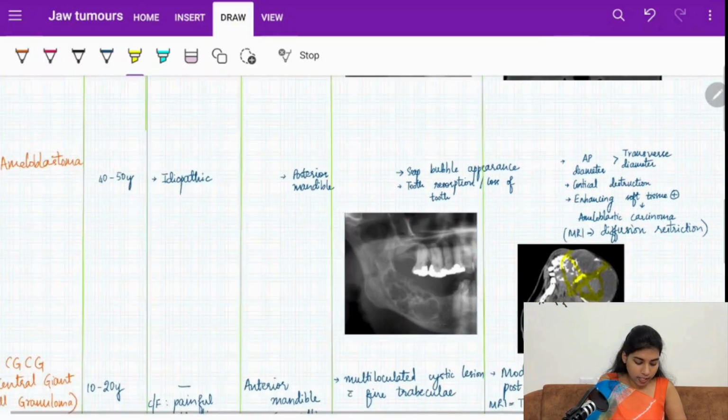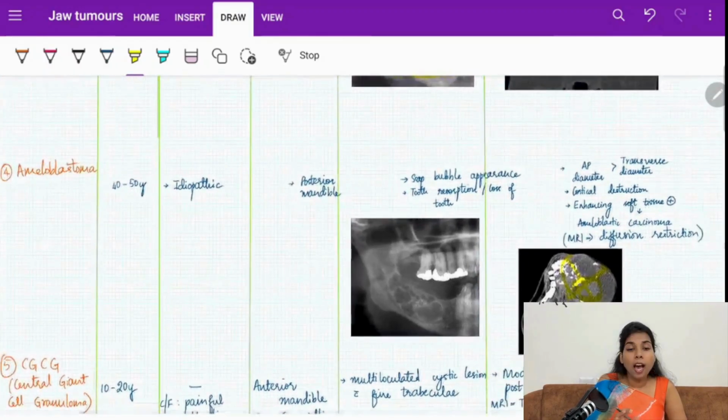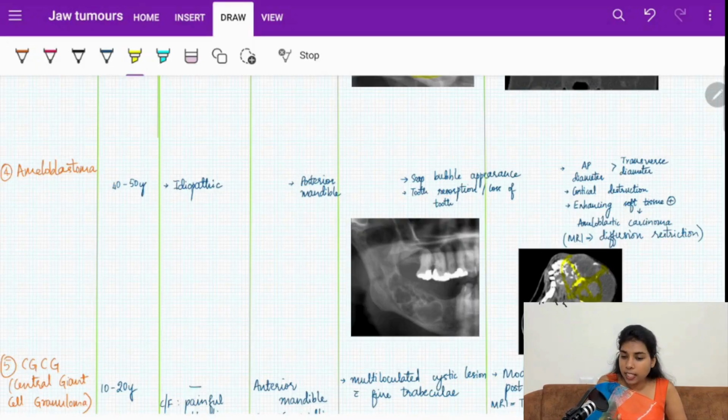And now we start with the ameloblastoma. Ameloblastoma comes under the classification of a radiolucent lesion on OPG, which is odontogenic but it has ill-defined margins, right? And it is typically seen in an elderly patient, most commonly located in the posterior mandible. On OPG, you will see a classic soap bubble appearance.